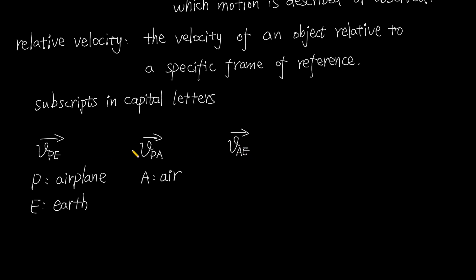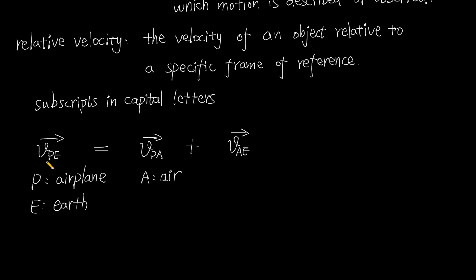And these three velocities have the relationship: the velocity of the plane relative to the Earth equals the velocity of the plane relative to the air plus the velocity of the air relative to the Earth. So here notice that on the left it's the velocity of the plane relative to the Earth.